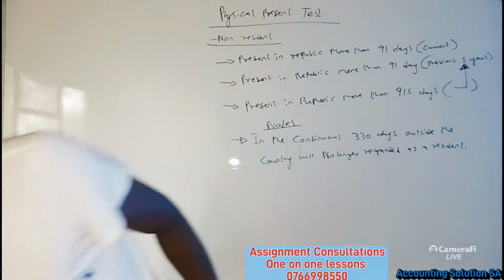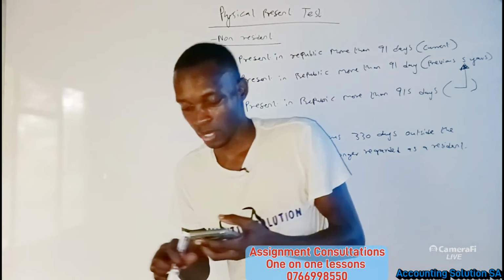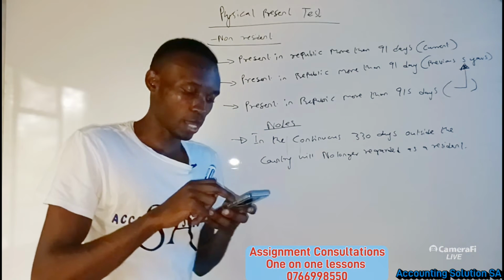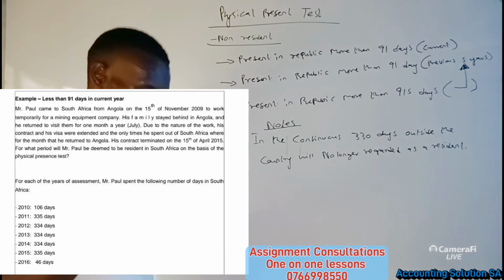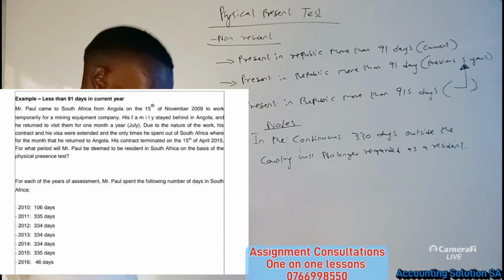So now I want us to do an example. I'm just going to show it on the screen and we read together. Example number one. Mr. Paul came to South Africa from Angola on 15 November 2009 to work temporarily for a mining equipment company.